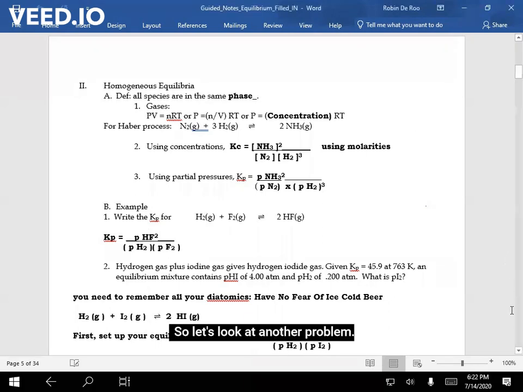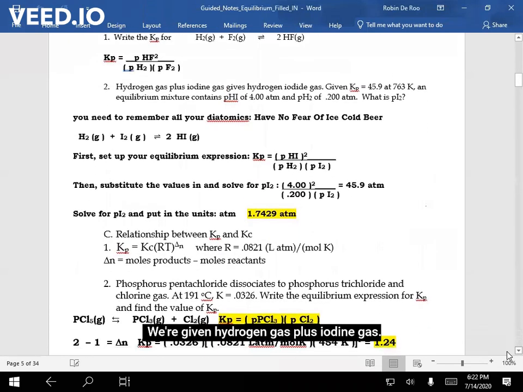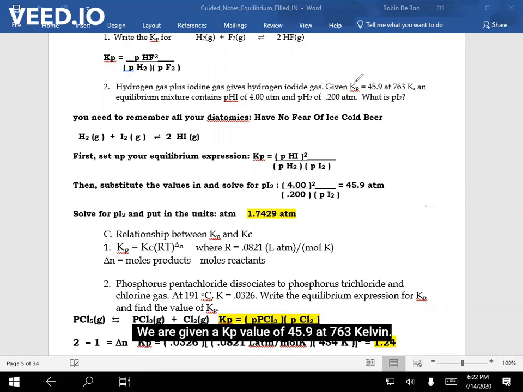So let's look at another problem. We're given hydrogen gas plus iodine gas gives hydrogen iodide gas. We are given a Kp value of 45.9 at 763 Kelvin.